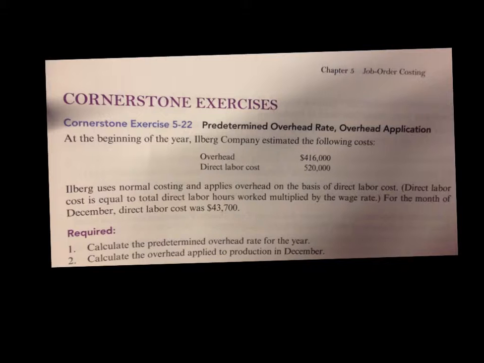And also, for part 2, applied overhead is equal to predetermined overhead rate times actual activity level. Notably, when completing part 2, I use the answer from part 1 multiplied by the December rate.